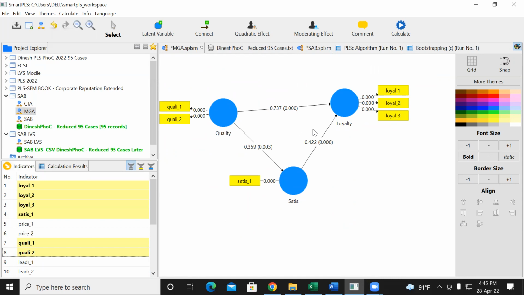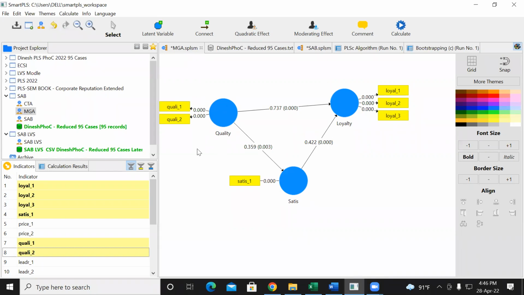For you to explain, I have loyalty, satisfaction, and I got another one, quality. But that is not the original model. From that, I extracted and created a new model, since the original data set is having some issues with the multi-collinearity. Therefore, I had to reduce those things and run the model. But for the moment, I selected these three variables. I created a new model.